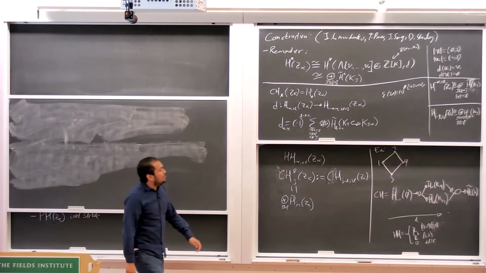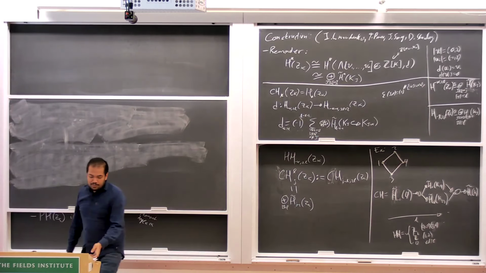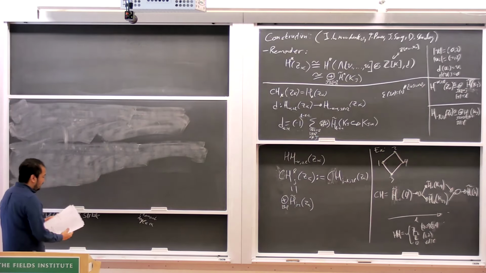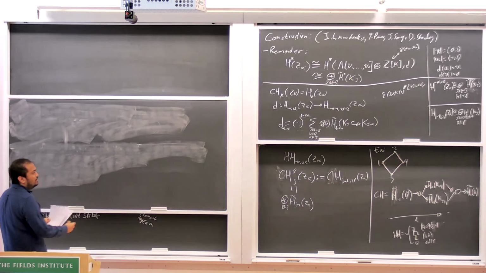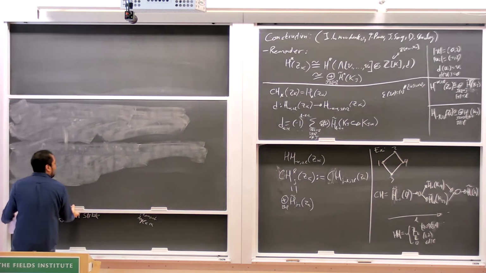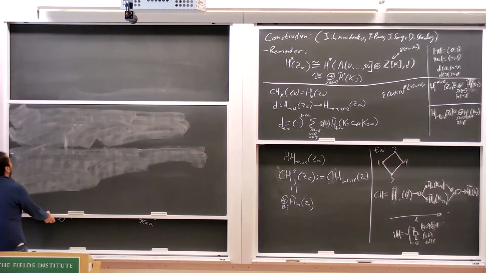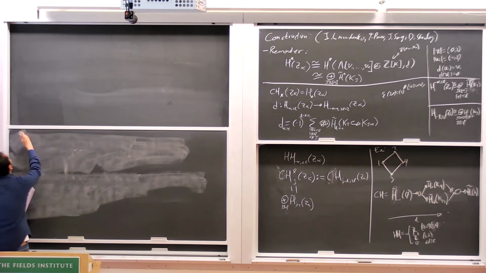So this degree 1, 2 seems to be very special, and it turns out that it is. And just as the 0, 0 is detecting the ghost vertices, what the 1, 2 is detecting is actually that the simplicial complex is not neighborly. So what do I mean by neighborly?